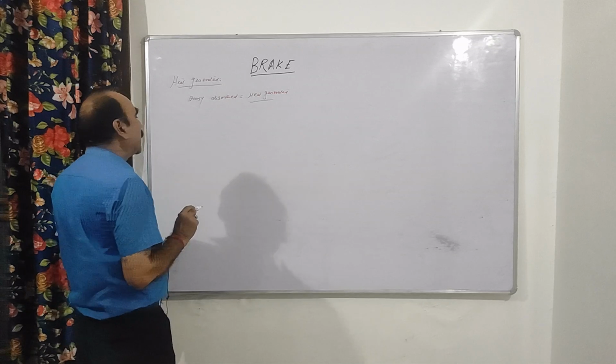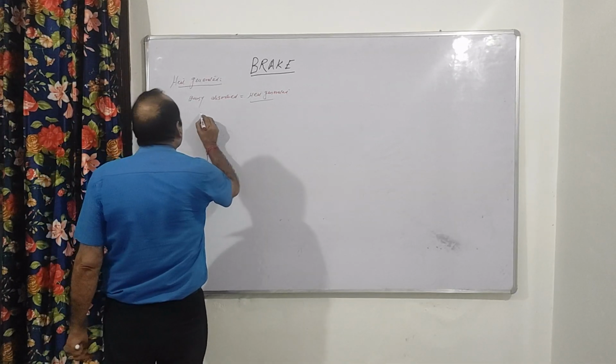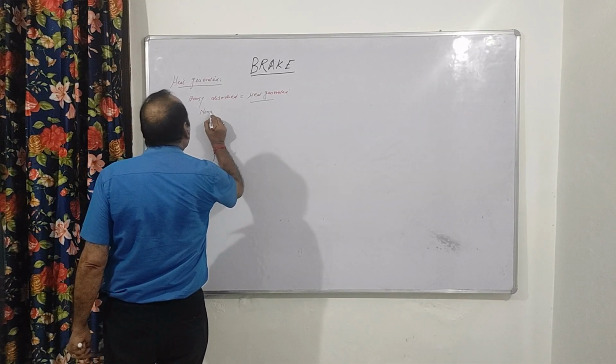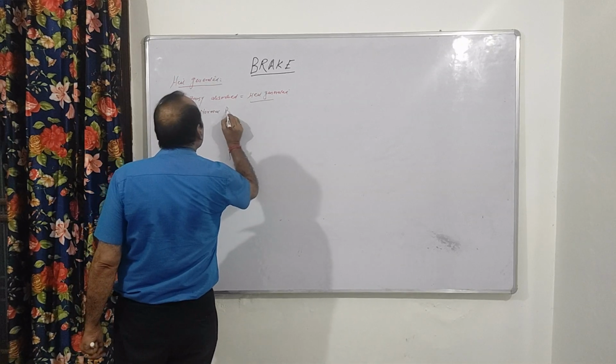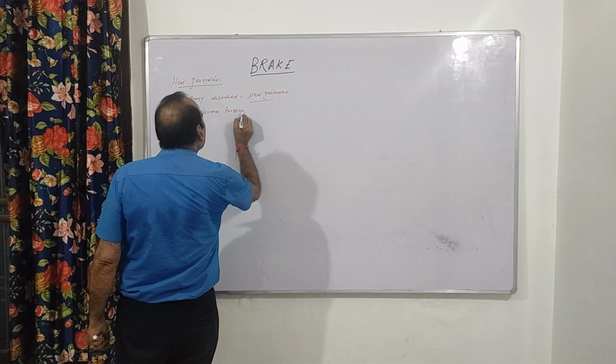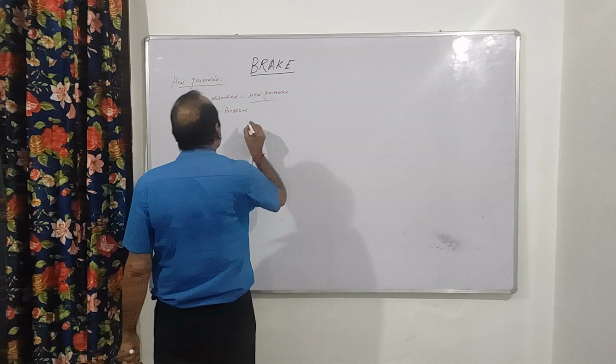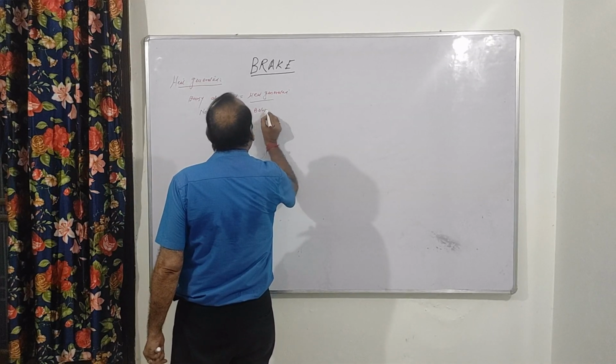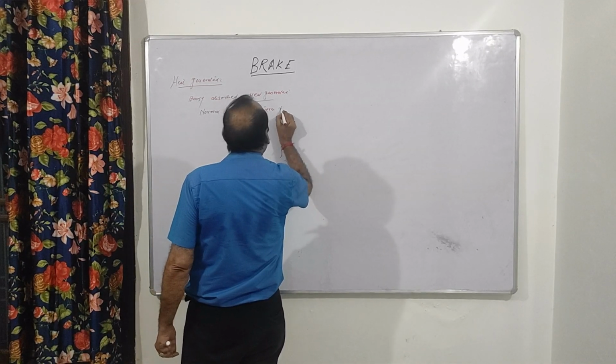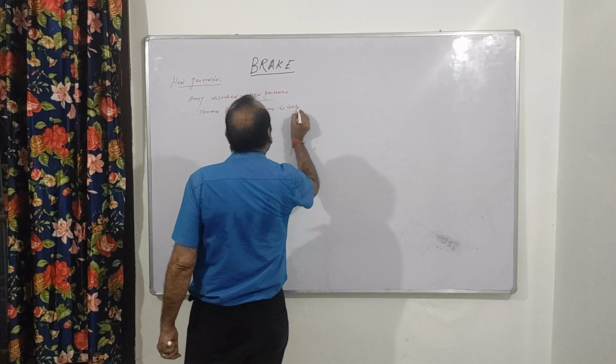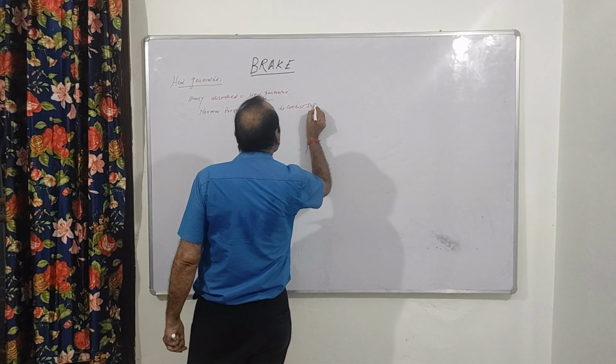So here you can say the normal pressure p between the contact surfaces.